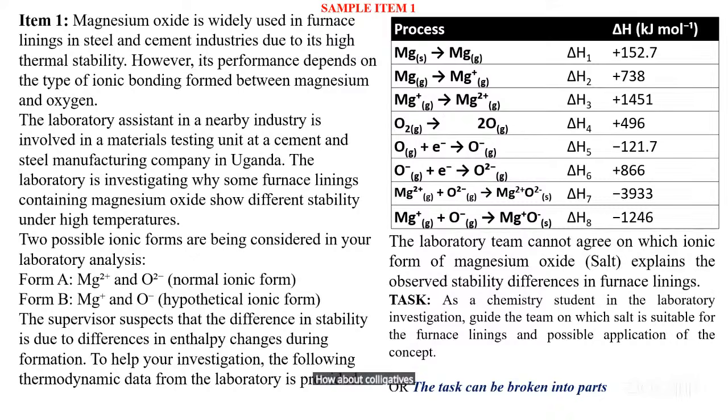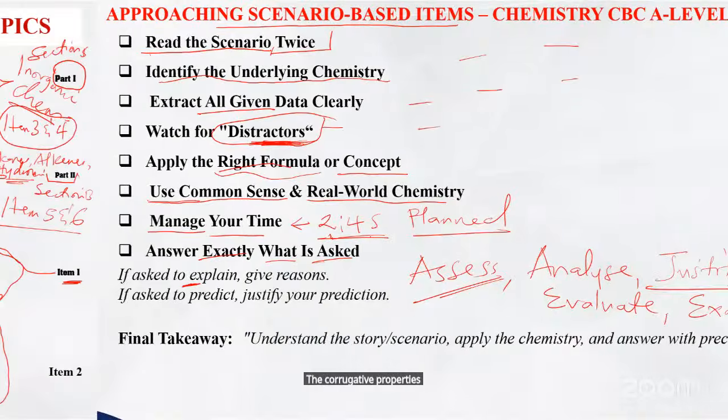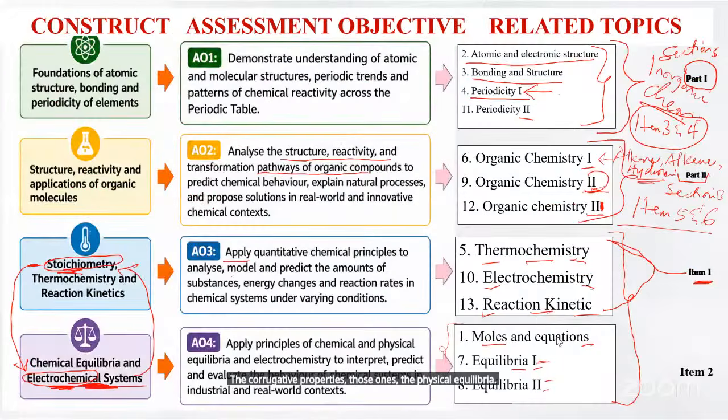The colligative properties, the physical equilibria, are within the topics that you have already mentioned, the equilibria. Colligative properties are just here in equilibria 1. Are you seeing that? So meaning anything related with colligative property can be assessed in assessment objective number 4.